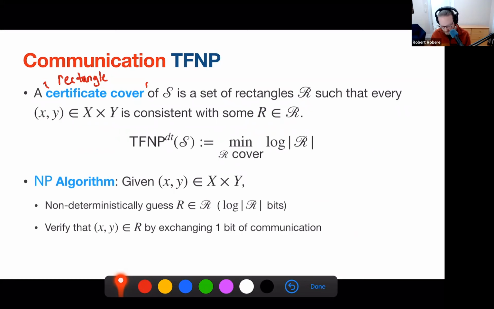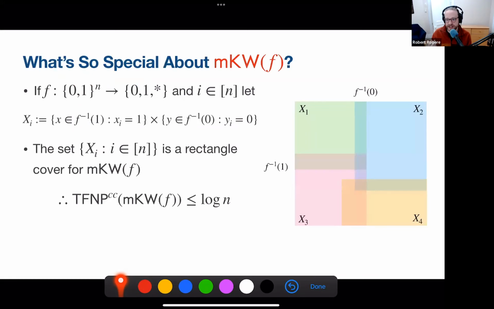Okay. And now I can explain what I remarked on earlier when I said this monotone game is very special. It turns out that the monotone Karchmer-Wigderson game for partial functions plays the role of the unsatisfied clause search problem. So it's complete for TFNP in some sense.